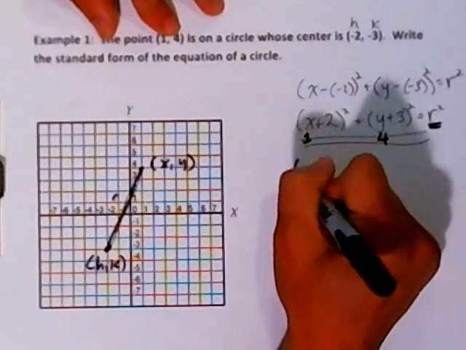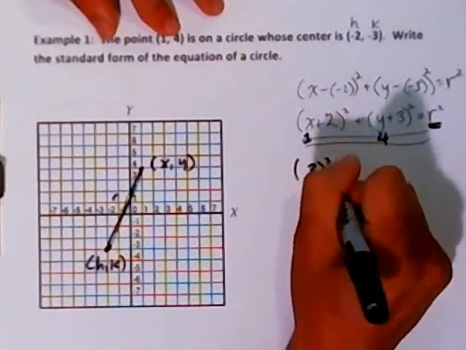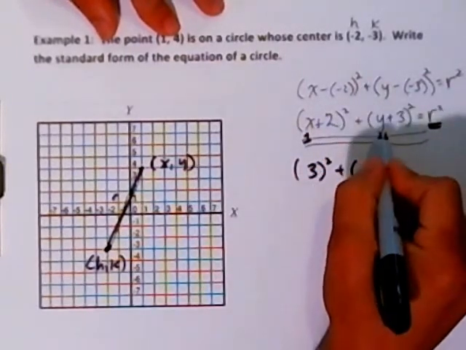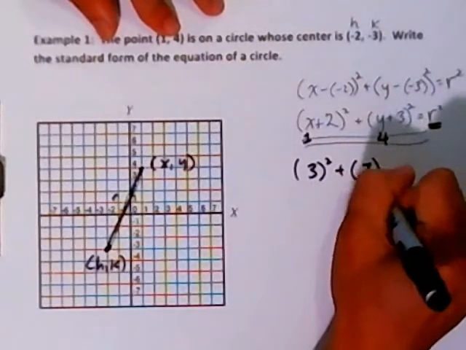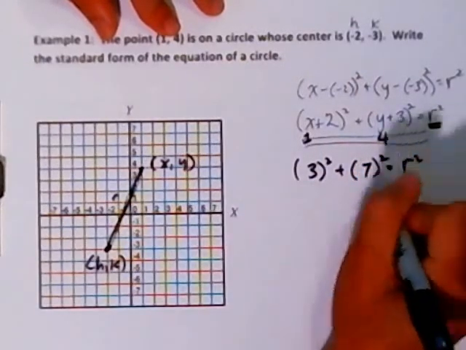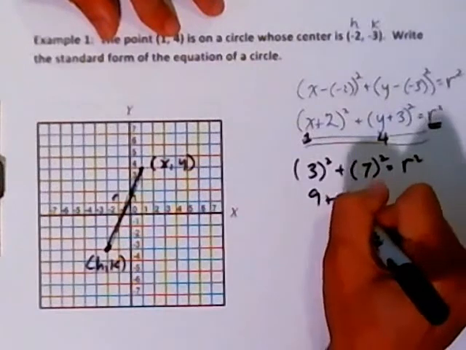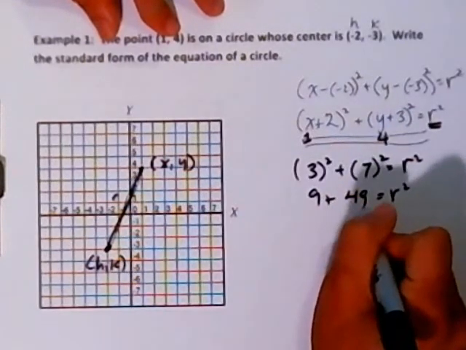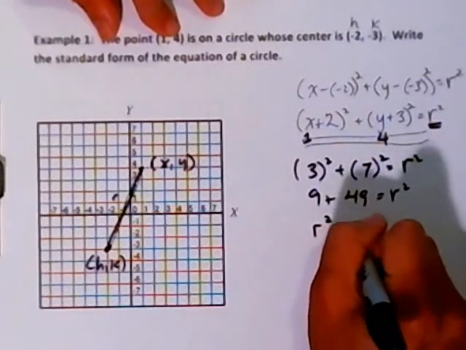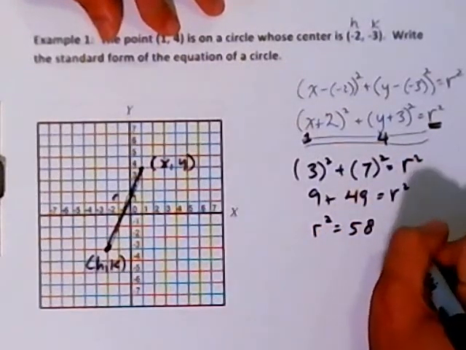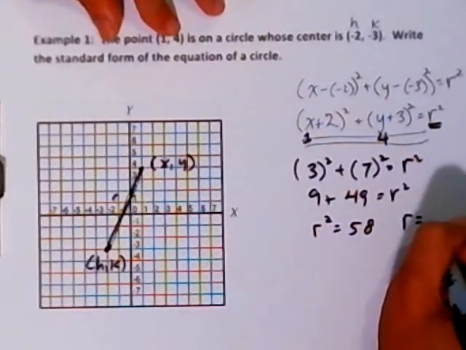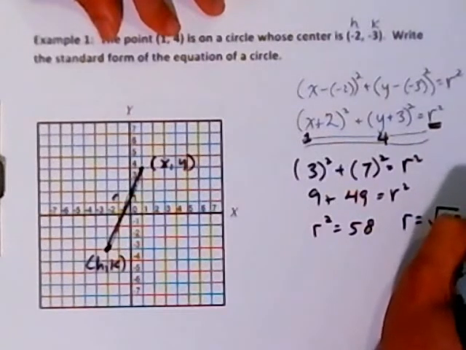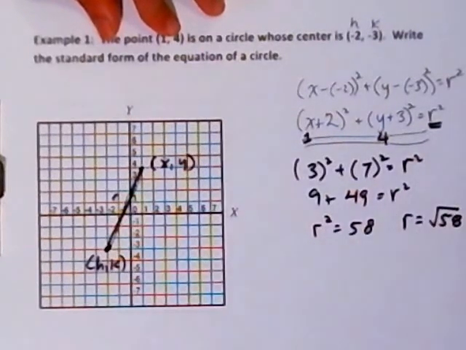Working that out, you get 3 squared plus 4 plus 3, 7 squared, is equal to r squared. That's 9 plus 49 is equal to r squared. So r squared is equal to 58. Of course, the radius now becomes the square root of 58 because you take the square root of both sides.